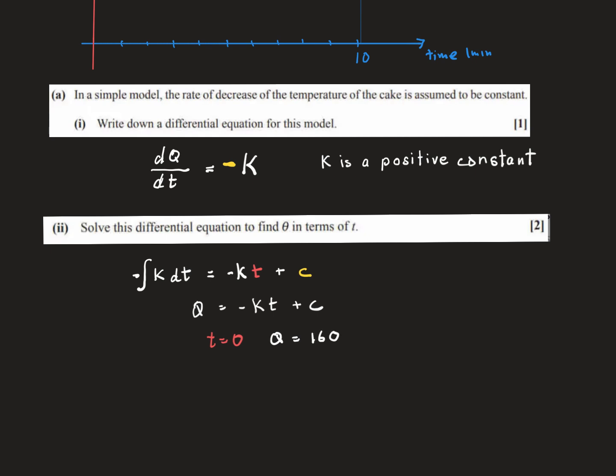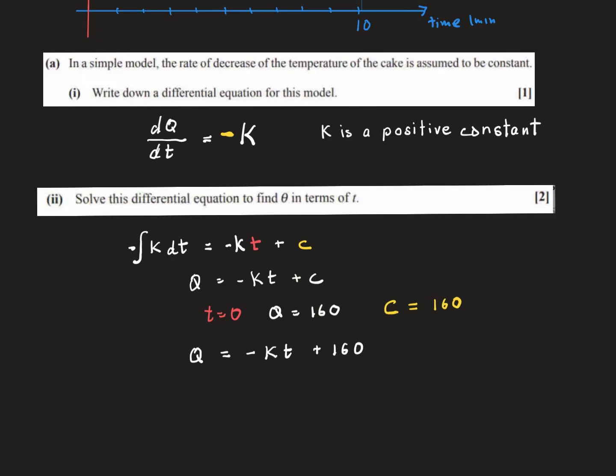In that case, we can say that c must be equal to 160. And so now our theta has a little bit more information. It is minus k t plus 160.